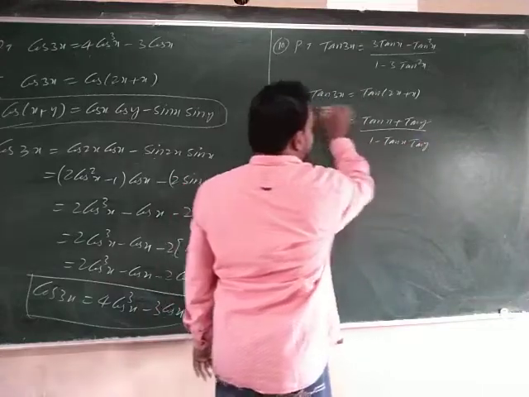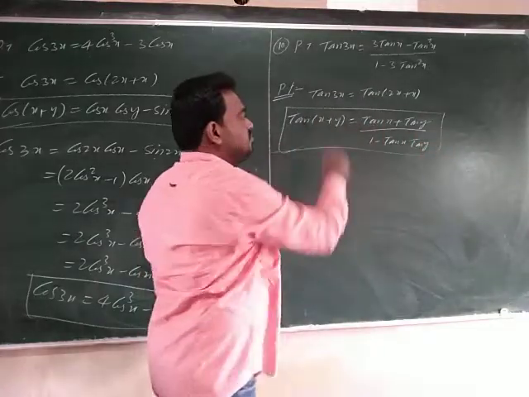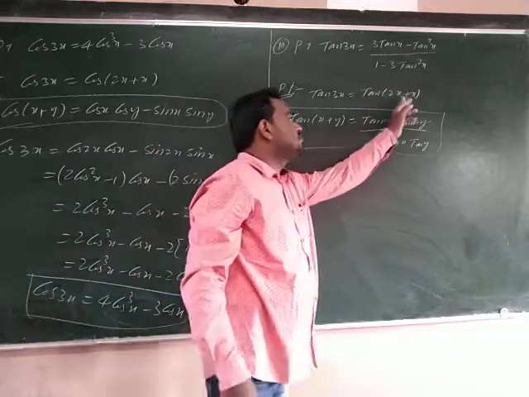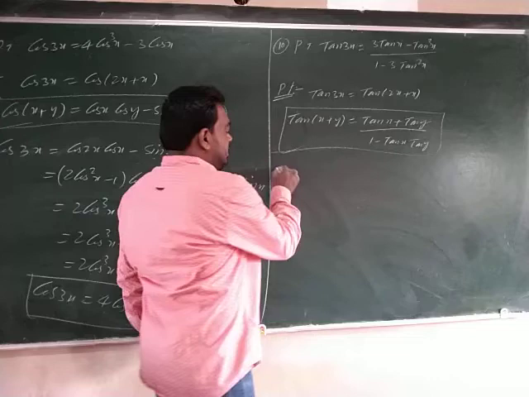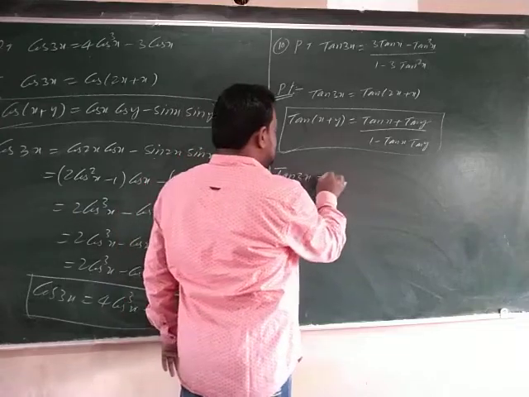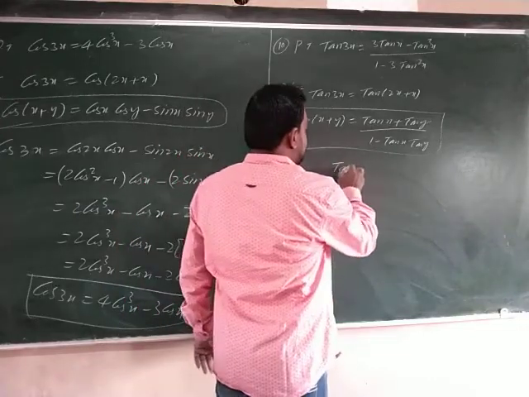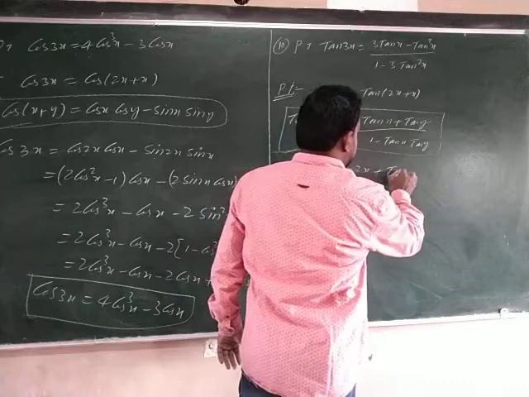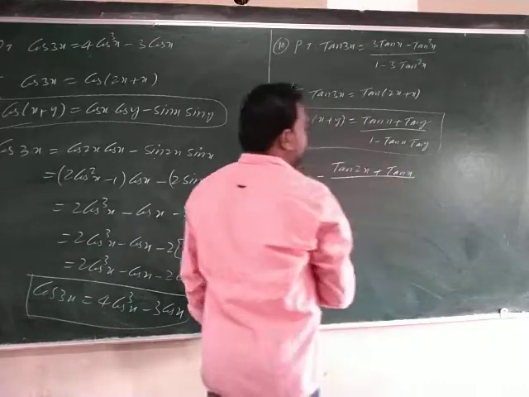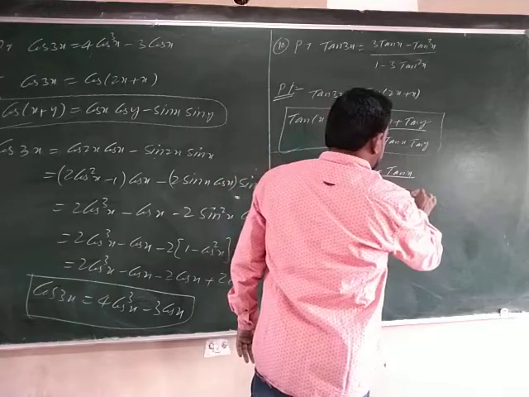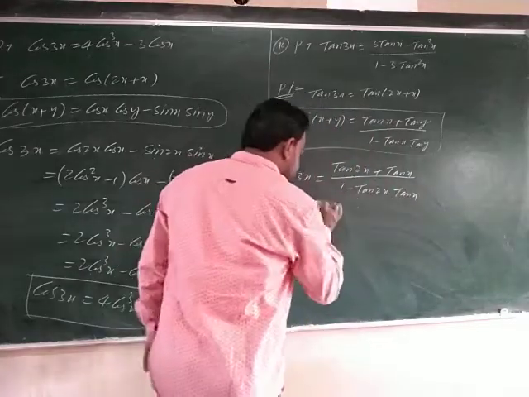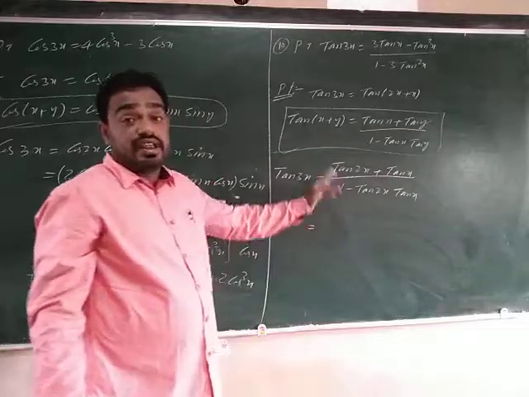So in a similar way, expand it. In place of x put 2x, in place of y put x. Tan 3x is equal to tan 2x plus tan x by 1 minus tan 2x into tan x. We know the tan 2x formula.